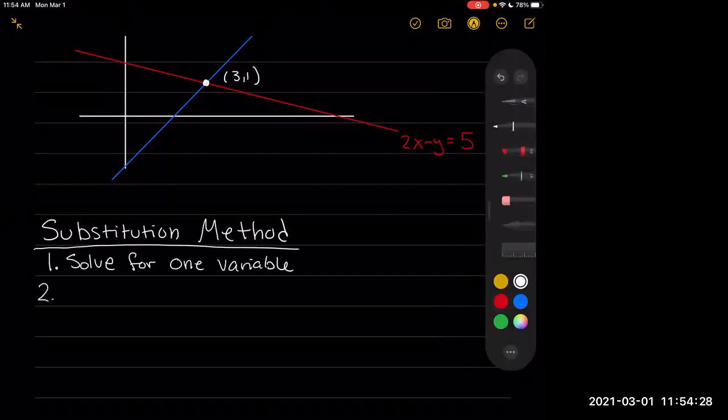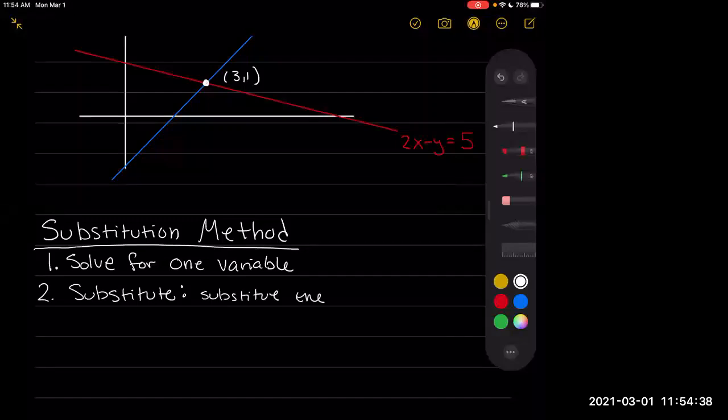Two is going to be substitute. What this means is we're going to substitute the one variable that we solved for above into the second equation.